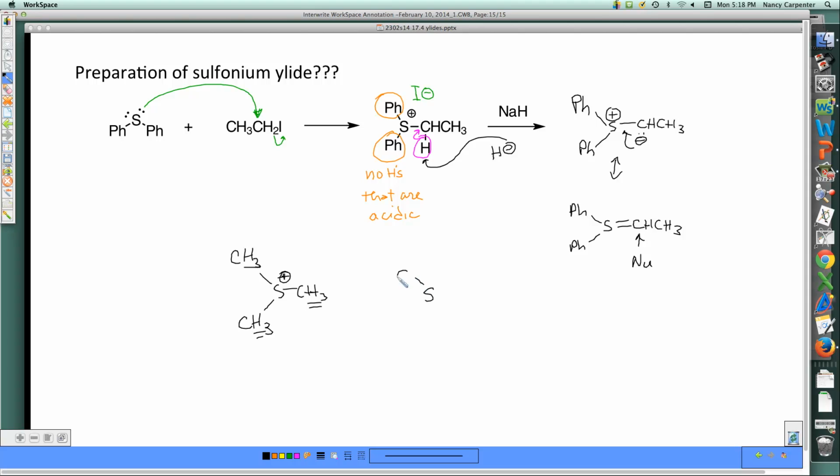But you need to be aware if you have, say, an ethyl group and a methyl group and another methyl group. Well, either one of these hydrogens could be removed, therefore ending up with a mixture of products when it comes to adding your ylide to your carbonyl.